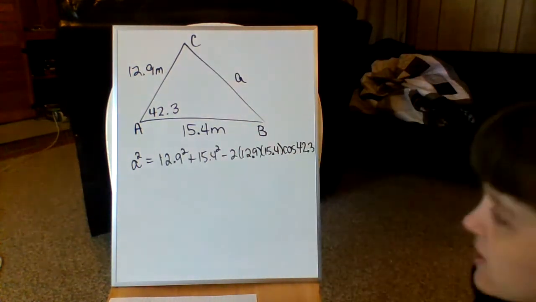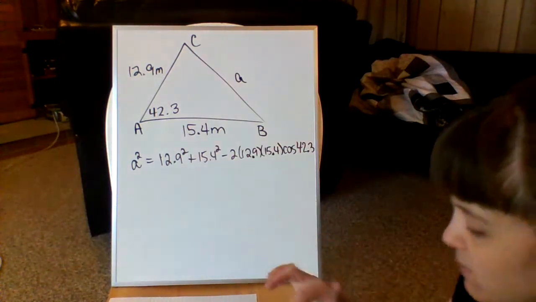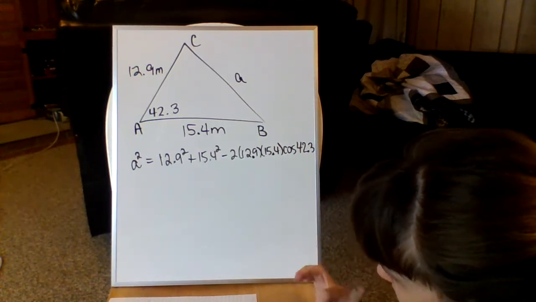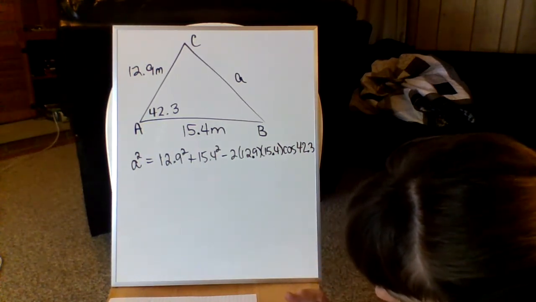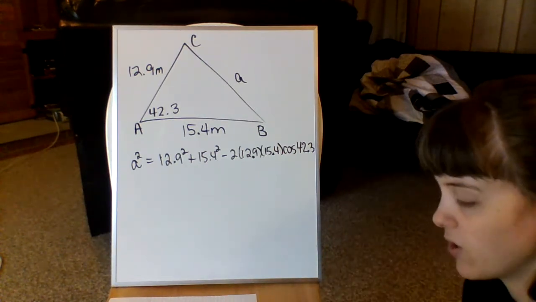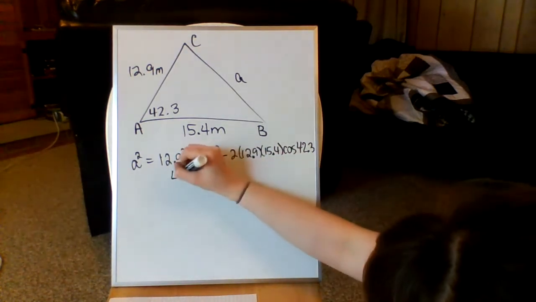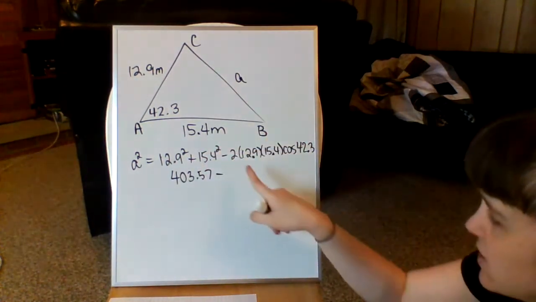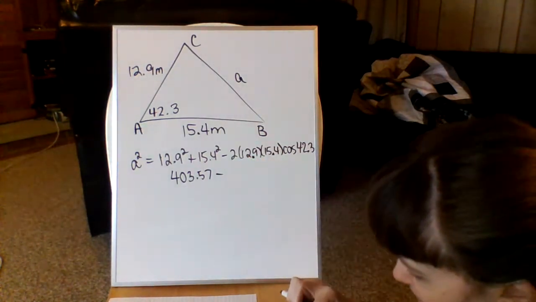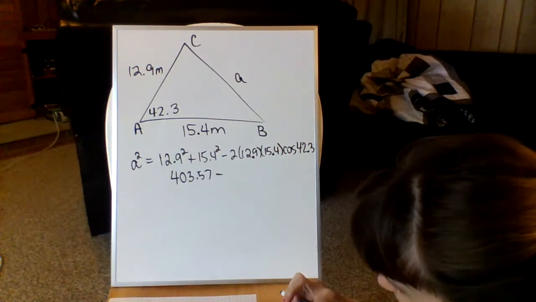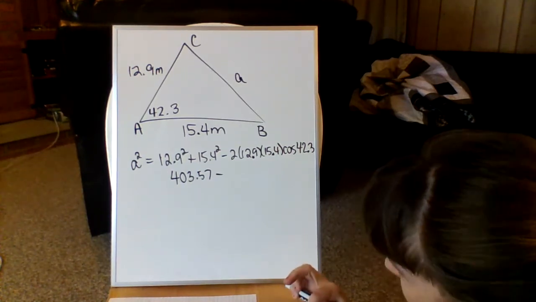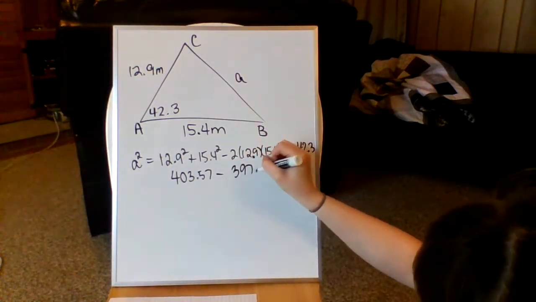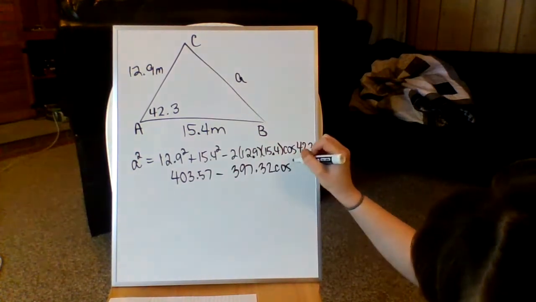So, we're going to do 12.9 squared plus 15.4 squared. So 12.9 squared plus 15.4 squared equals 403.57. So this part is 403.57. Now we're going to do 2 times 12.9 times 15.4, which is 397.32, cosine 42.3.